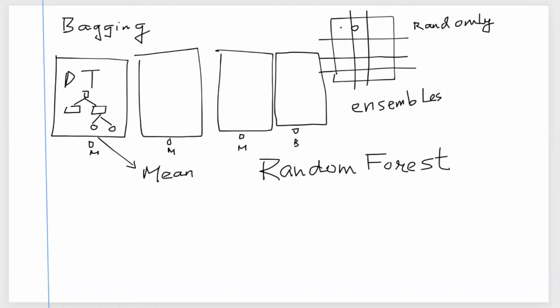It is not that I will take first, second, third and so on. I will take at random, maybe the first, fifth and seventh column. And I will say that this set of columns will form the part of my first decision tree, and the second set will form the part of my second decision tree.